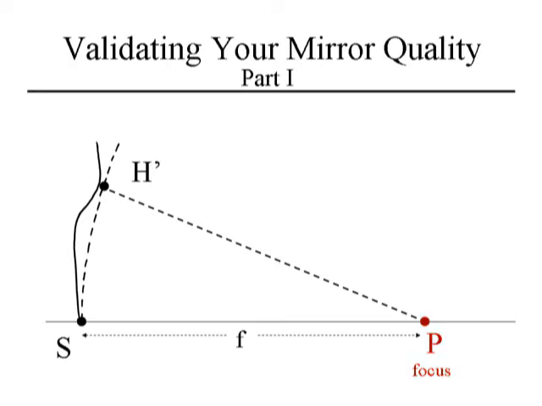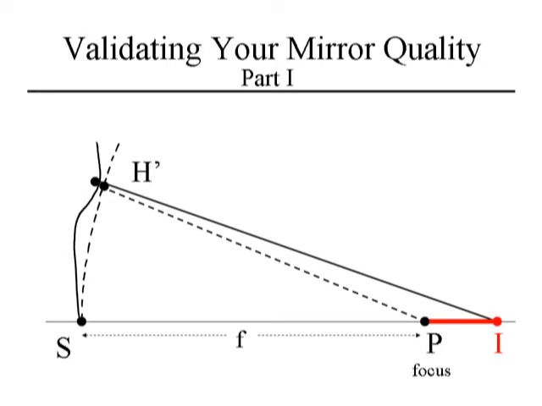That's what I want. That's where my r squared over R would tell me my knife edge should be for that radius. But I have a zone here, and I have an anomaly, and therefore the wavefront has an anomaly, and therefore the light is not going to focus at P, it's going to focus here. Now, I just want to say again, in this analysis I'm taking parallel rays coming in, I'm analyzing the optic as it's being used in a telescope, and these are points at focus, not center of curvature.